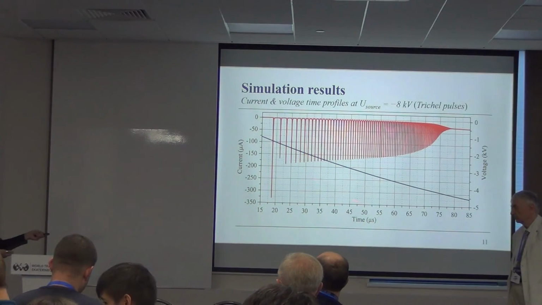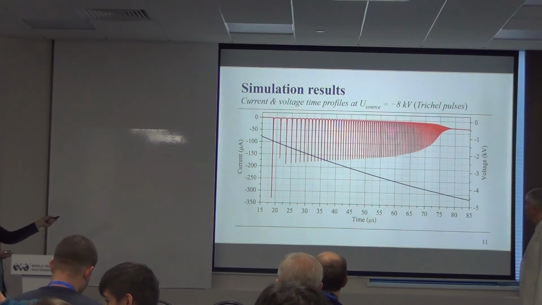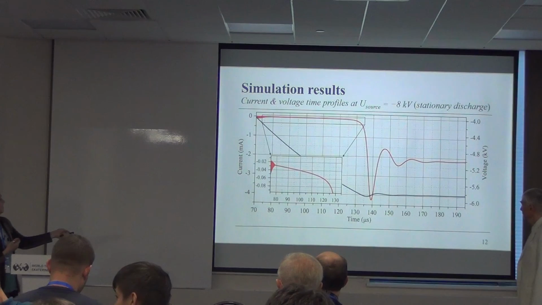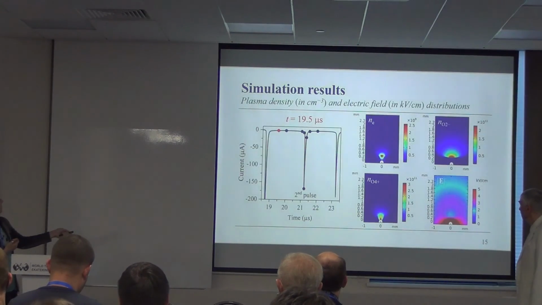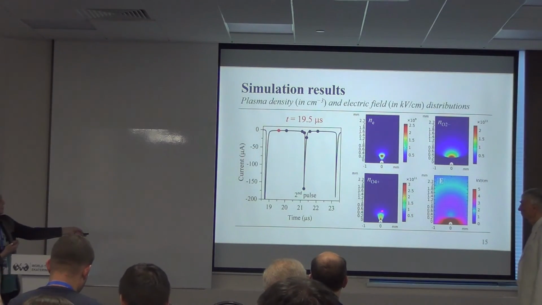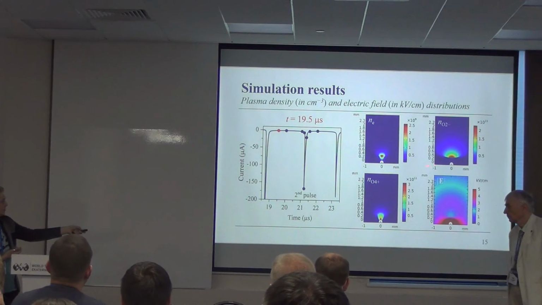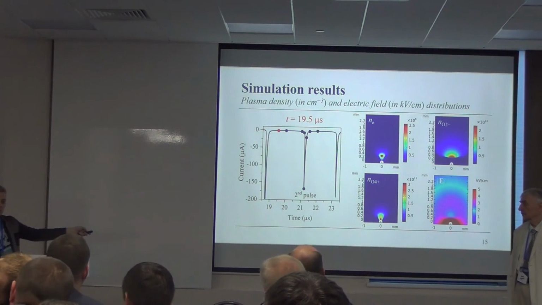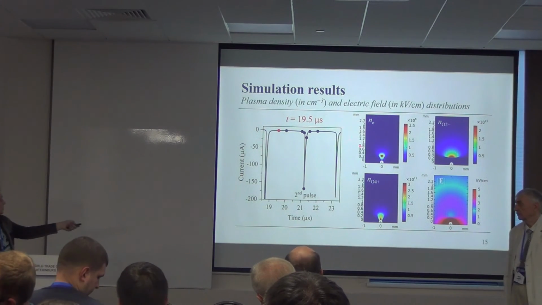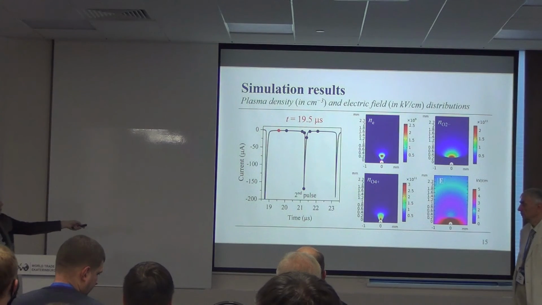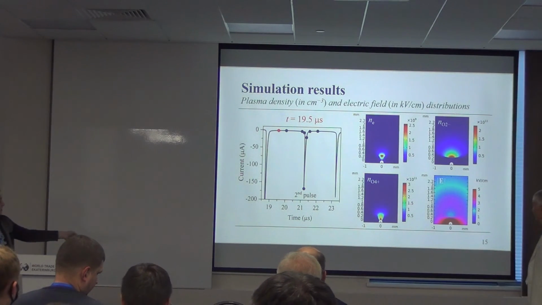When the first pulse occurs, you can see such plasma distributions, but before it the distribution is not like that. It is not a uniform plus non-uniform distribution of electrons and ions.